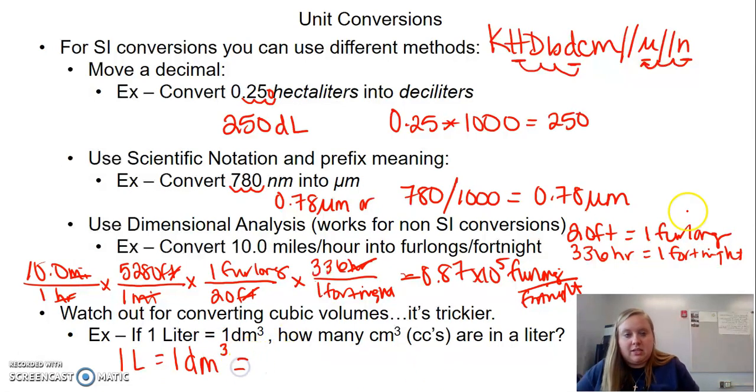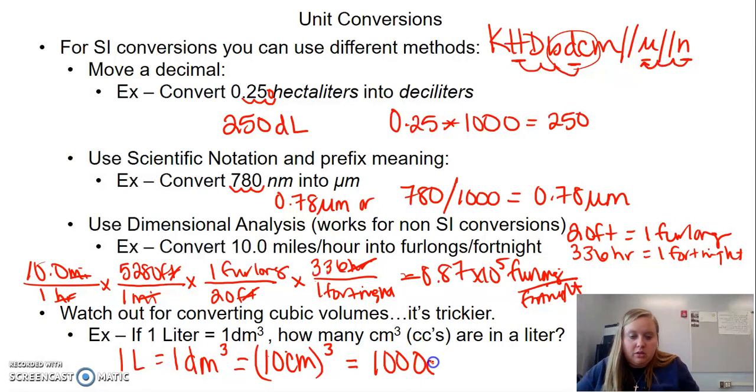And I know based on my conversions up here at the top that there are 10 centimeters in a decimeter. Well, this is going to equal 10 centimeters, but I'm cubing it. So just you have to remember that if you cube the unit, so I'm cubing the centimeters, I also have to cube the number. So that would be 1,000 cubic centimeters. So just remember when you're looking at cubic volumes, you have to cube the number in addition to the unit, not just the unit.